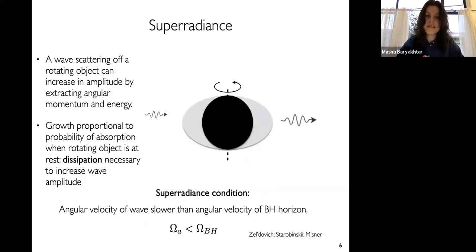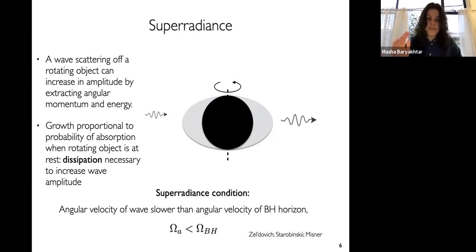So what is superradiance? It's quite a general process, which says that a wave scattering off of a lossy rotating object can increase in amplitude by extracting its energy and angular momentum. And the growth of the amplitude of the wave is proportional to the probability of absorption onto the object in the rest frame of the object.